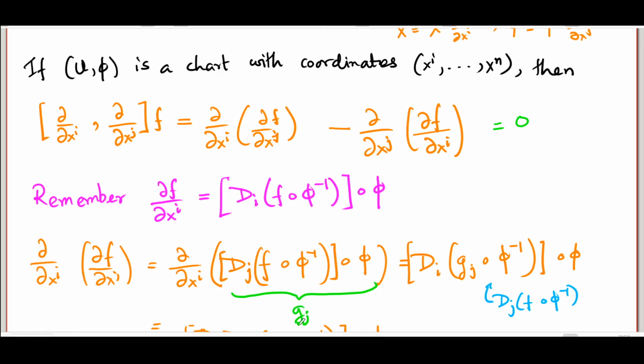So let's call that gj. Remember, gj is not a function of real numbers, it's a function on the manifold. So how do you calculate its del xi? You apply composite phi inverse on that to get the proxy function for gj, and apply the ith partial derivative, the actual partial derivative with respect to that, and then compose the whole thing with phi.